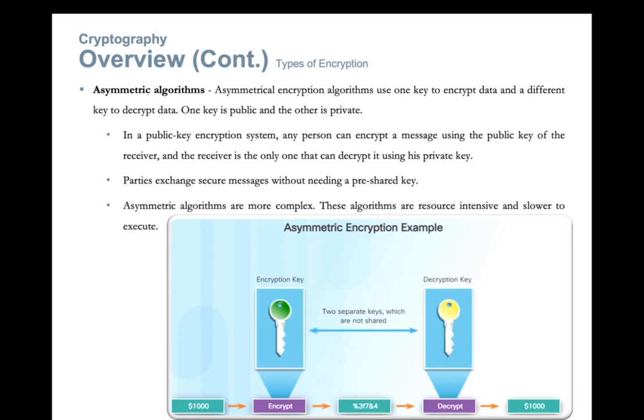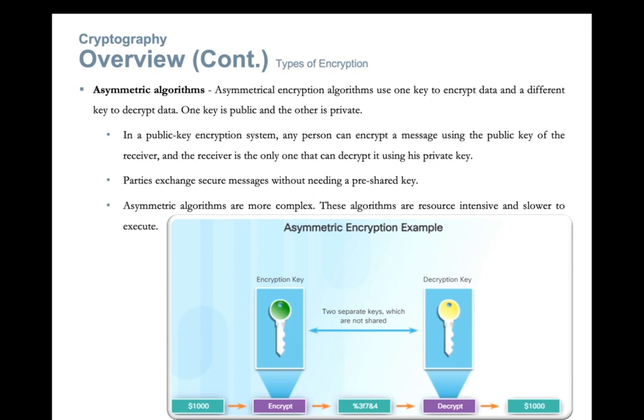In a public key encryption system, any person can encrypt a message using the public key of the receiver. This is the key which is used for encrypting, the public key of the receiver here.